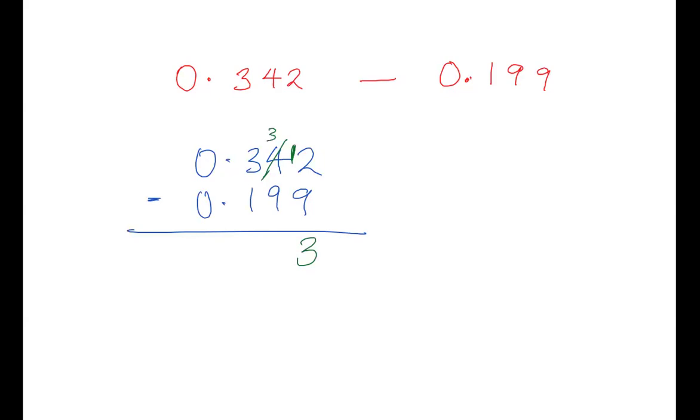9 cannot go into 2, so you have to cross 1 out here. You borrow 1 from the 4 and put it here. So you put 12 minus 9. That gives you 3. Then there's 1 there. Because 9 cannot go into 3, go 13 minus 9. That gives you 4. Then 2 minus 1.